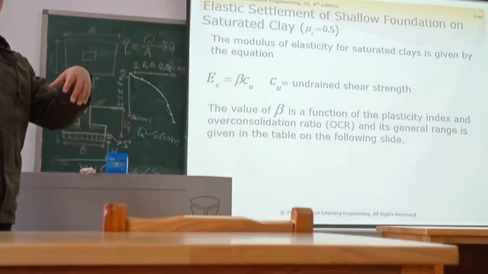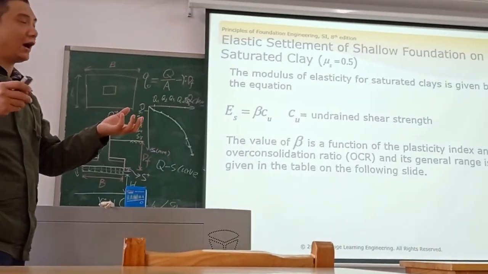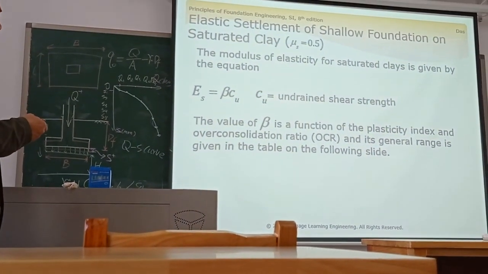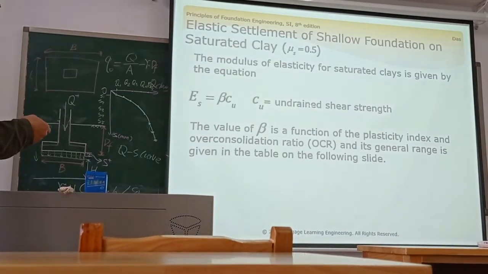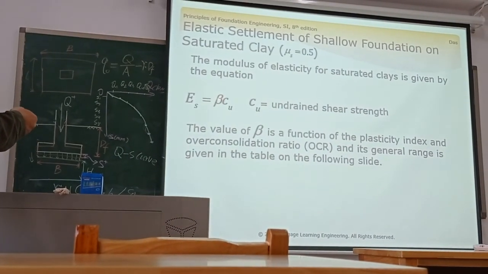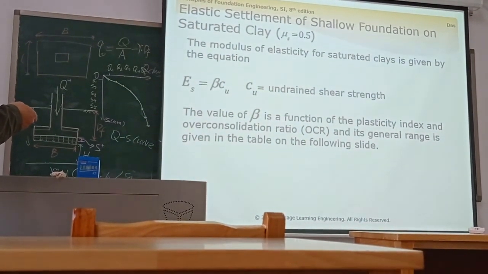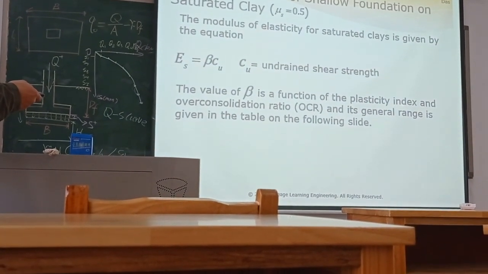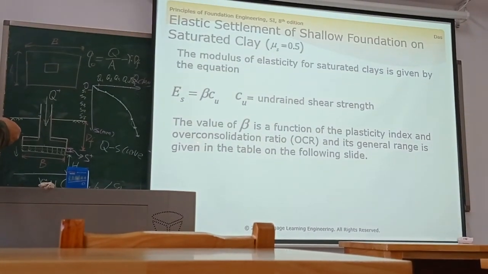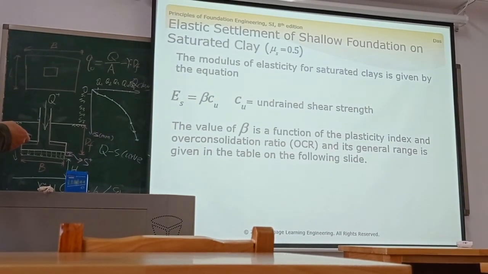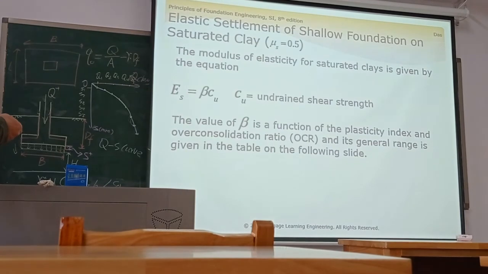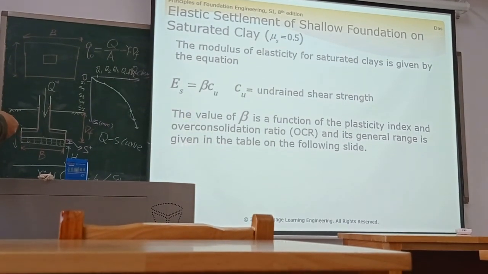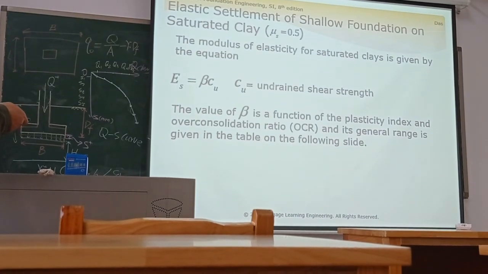Undrained, 不排水, undrained, when you test them. And beta, the value of beta, is a function of the plasticity index and the overconsolidation ratio, OCR. Its general range is given in the table on the following slide.